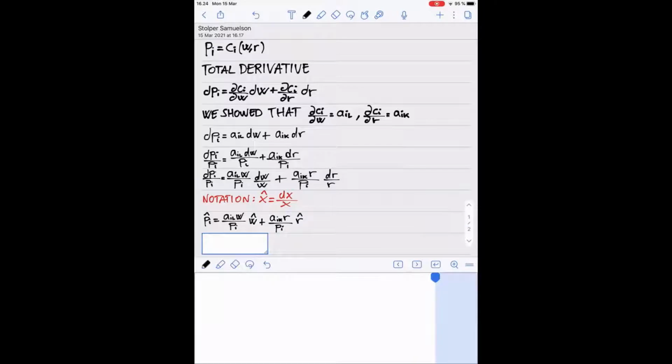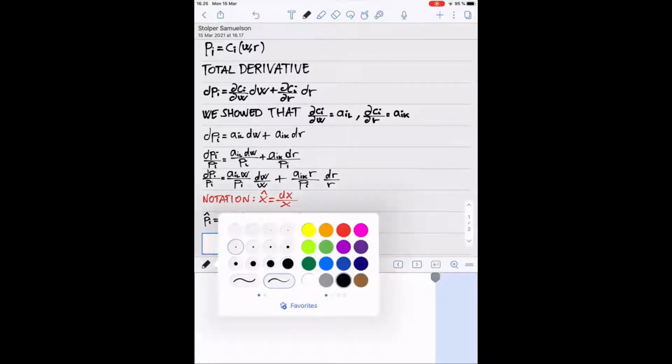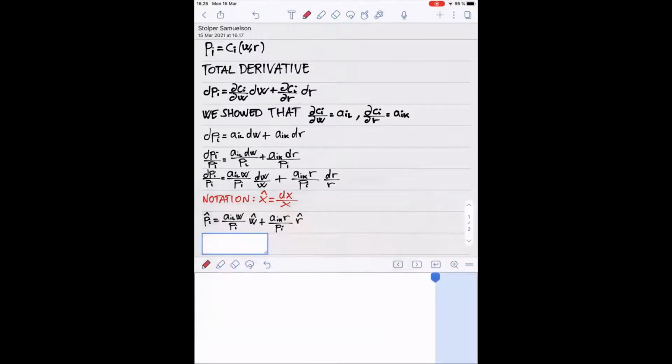Okay, so the percentage change in price Pi hat is a weighted average of the percentage changes in the wage and in the rental on capital, where the weights are these AIL W divided by Pi and AIK R divided by Pi. Now, we're going to call these weights with the Greek letter theta.